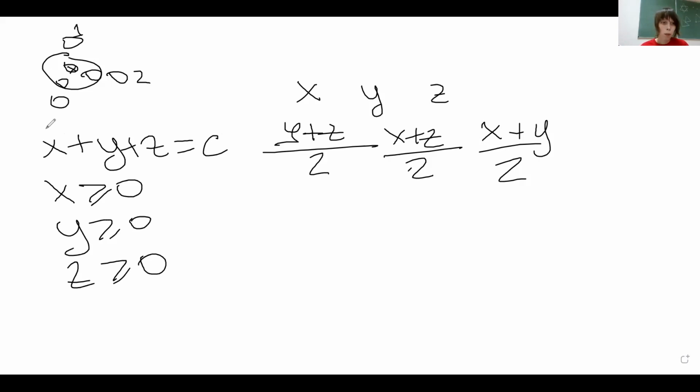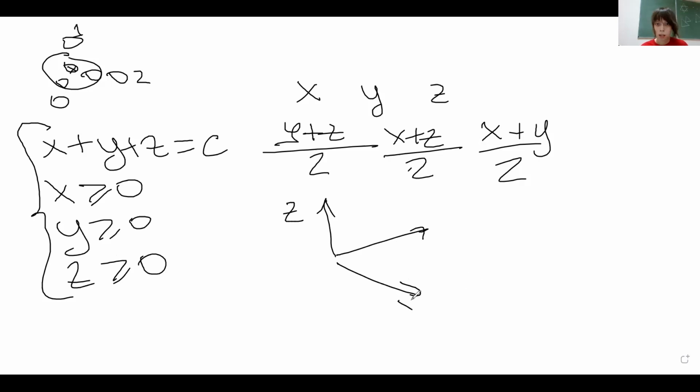By looking at this equation and these inequalities, you probably can guess how the picture will look. I will have 3 axes: z, x, and y. And x plus y plus z equals some constant is a plane. I'll try to draw it clearly, but I'm afraid I'm not a good artist.